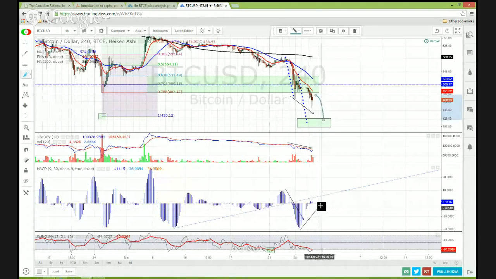And we're starting to lay the groundwork for the next bull attempt. That's probably going to be a ways away. My hunch is we're probably going to do something like this, and then turn up, and then something like this, and then we go back up into here.